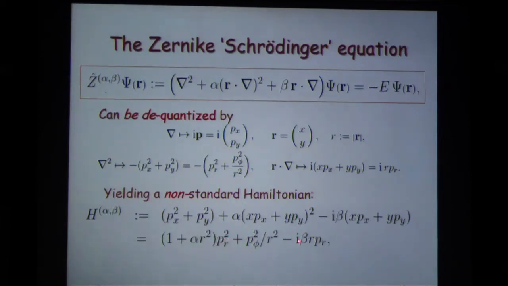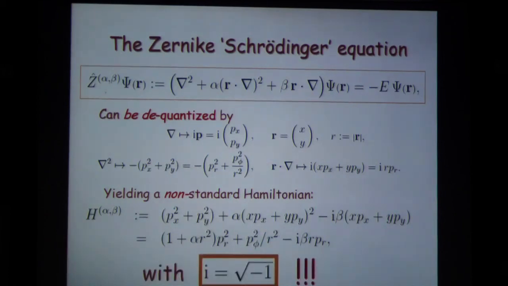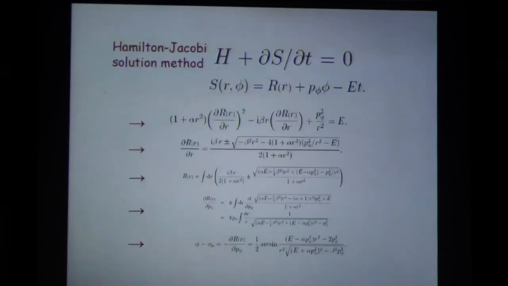And here's an i. Now, Hamiltonians don't usually have i's, right? But here we have an i. And also, stranger still, the i will eventually disappear. You see, we get a classical system where there's no i after all. Well, what do we do?